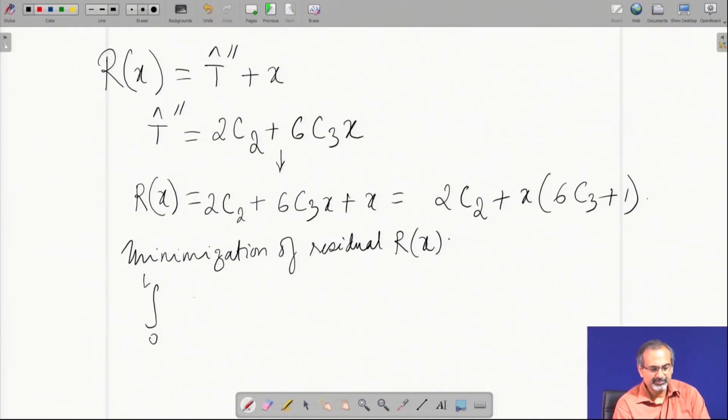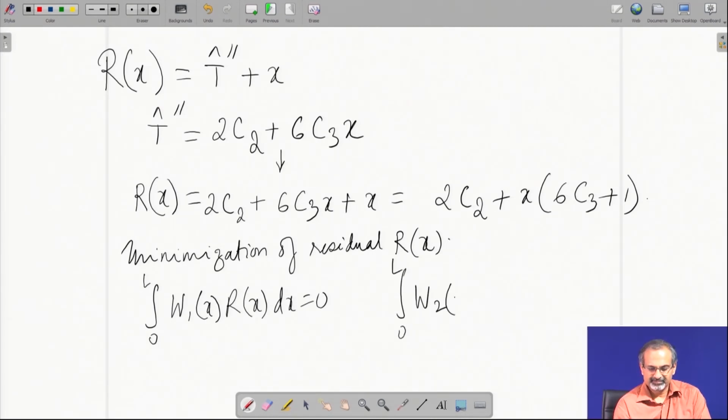Let us see what they are. So, one would be based on W1, the other would be based on W2. In fact, here L is equal to 1. So, you can as well write 0 to 1.